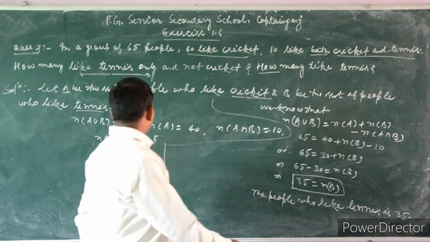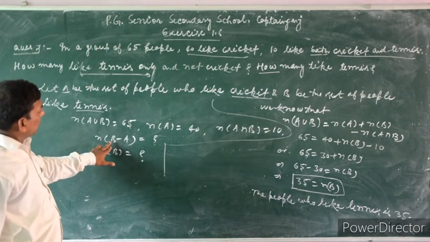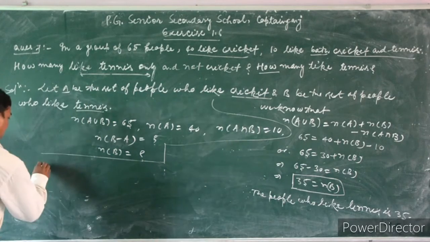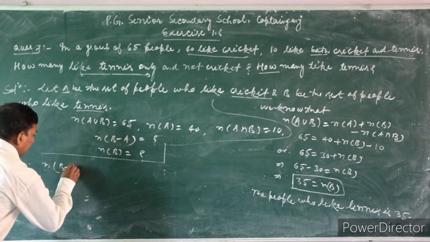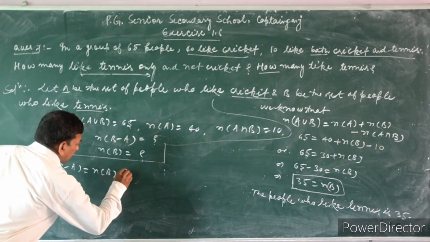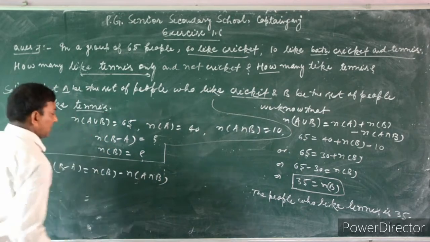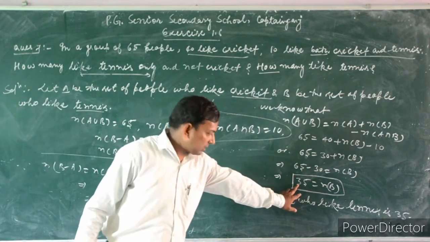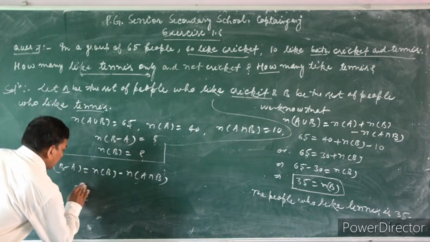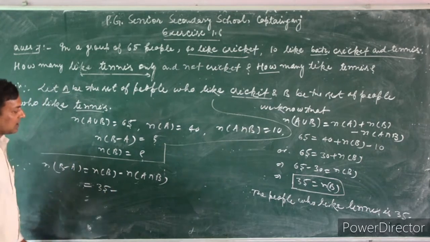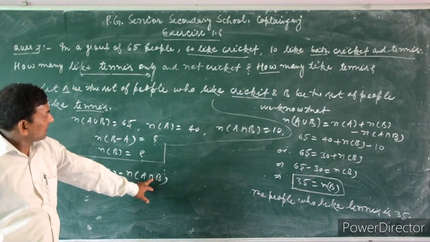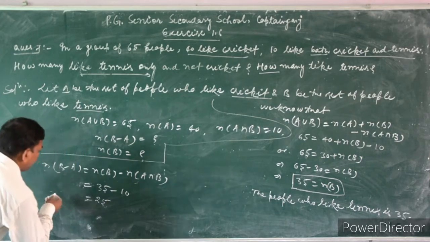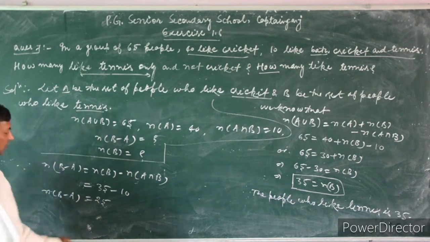Now, second, we need to find the cardinal number of B difference A. Again, we know this formula: the cardinal number of B difference A equals the cardinal number of B minus the cardinal number of A intersection B. The cardinal number of B we found earlier is 35, so we write 35 minus 10, which is equal to 25.